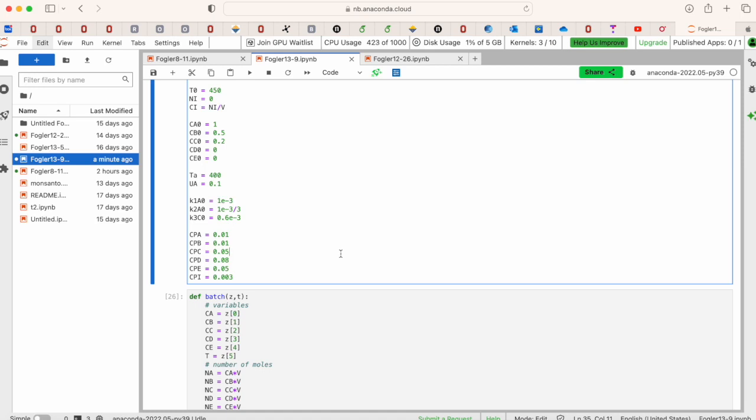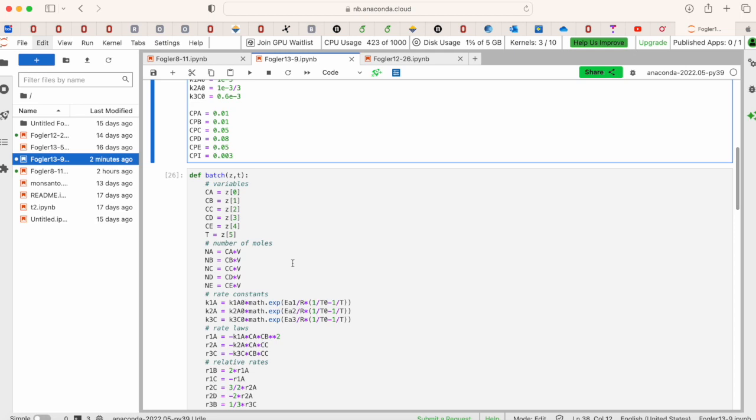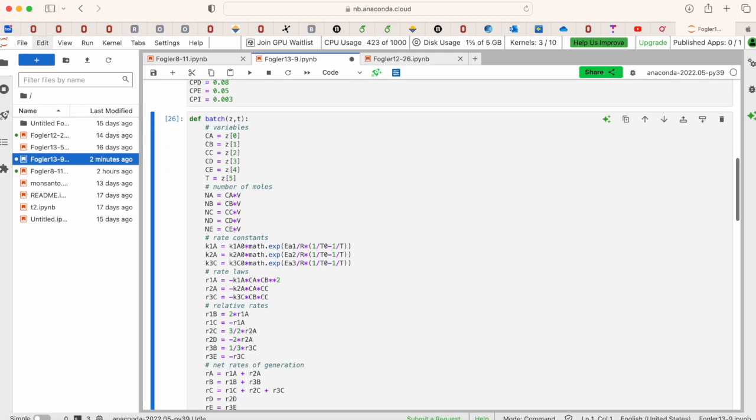I have those entered in units of kilocalories per mole Kelvin to be consistent with the other ones. Here you'll see I've added in a heat capacity for an inert species. Again, we're not using an inert in this problem, but the heat capacity was based off of a common type of inert species, which might be argon or molecular nitrogen. All right, so let's run that cell.